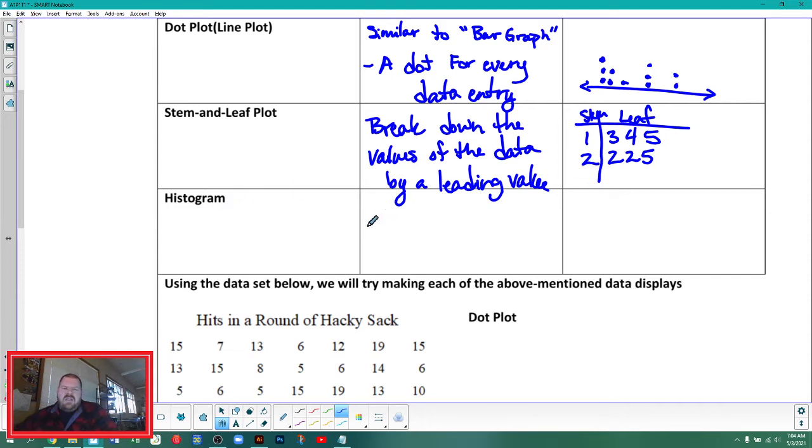And then lastly, a histogram is another type of bar chart that we've dealt with before, but values are grouped.